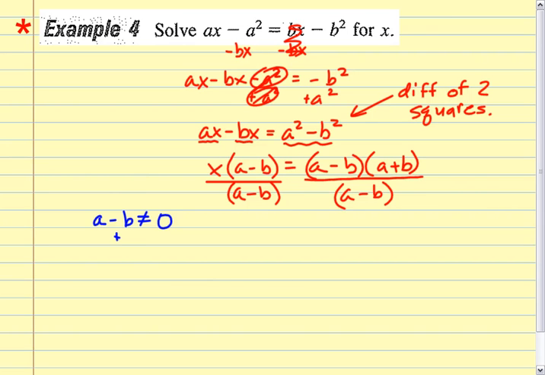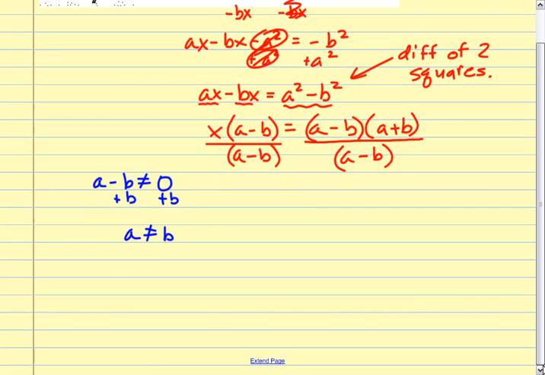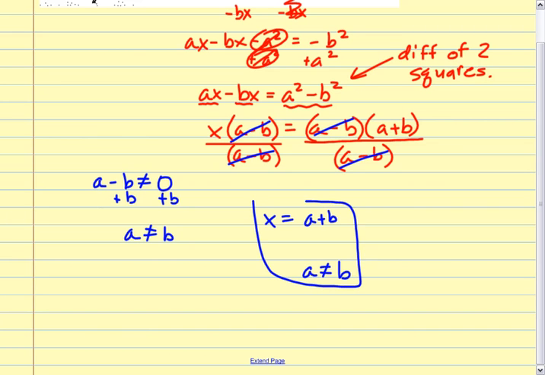All right, so if I add b to both sides, that means that a cannot equal b. So that's my restriction. So down here, for my answer, I'm going to have that a cannot equal b, because if it does, this whole thing's undefined. Okay? Now I can cancel, and I'm left with x equals a plus b. That's my answer. And a cannot equal b.